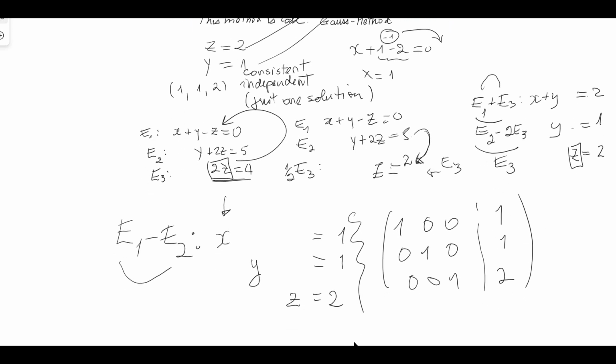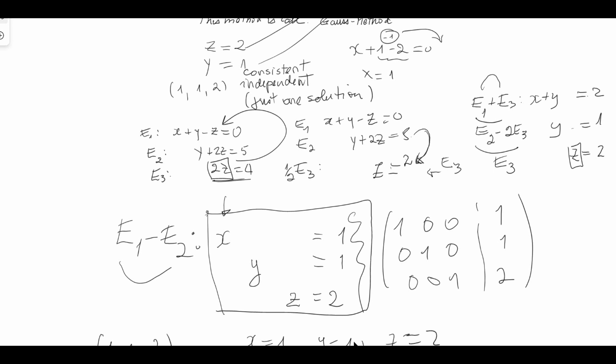And of course you have in front of you the solution: x equal 1, y equal 1, c equal 2. The unique solution, that's what I said, that it was an independent system. Solution unique, only one solution.